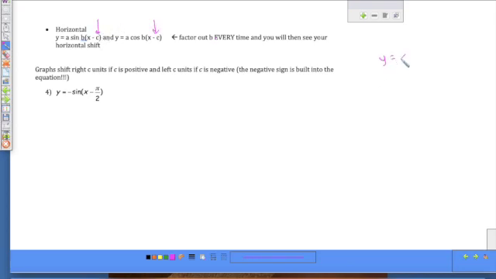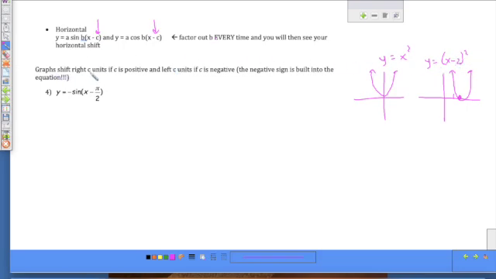If I look at a parabola for a second, y equals x squared versus y equals x minus 2 squared. This is a normal parabola centered at the origin, vertex of 0, 0. Y equals x minus 2 squared is shifted to the right 2, and it looks something like that. Now notice also, if you hopefully remember, the negative sign is built in.